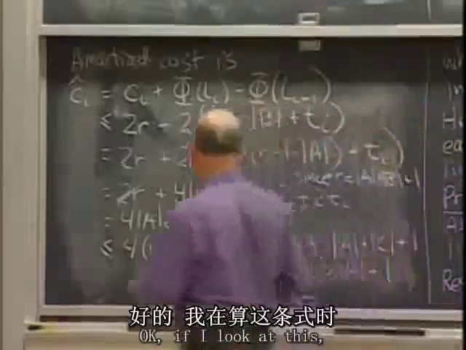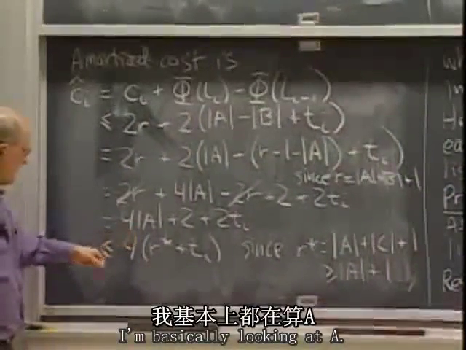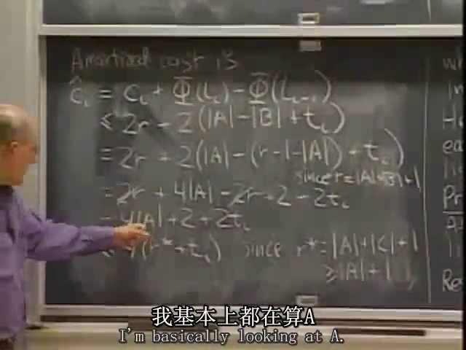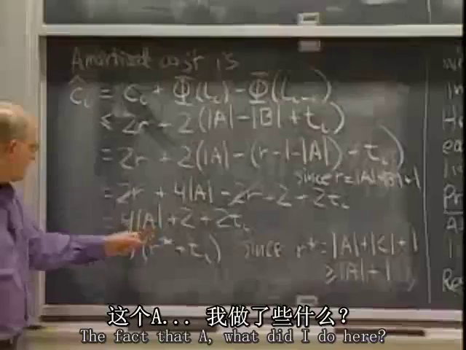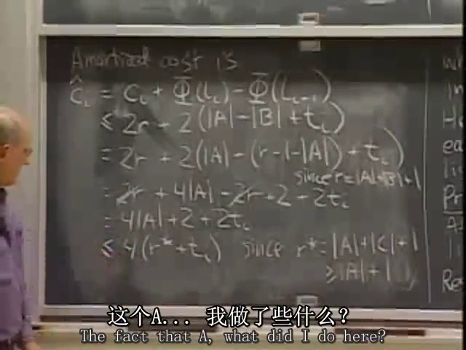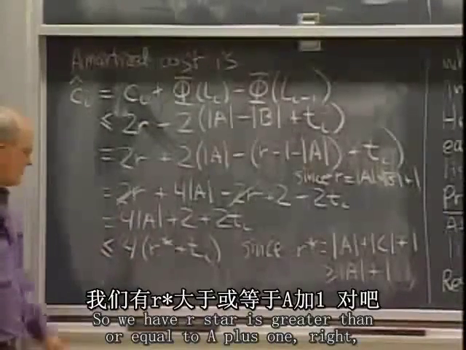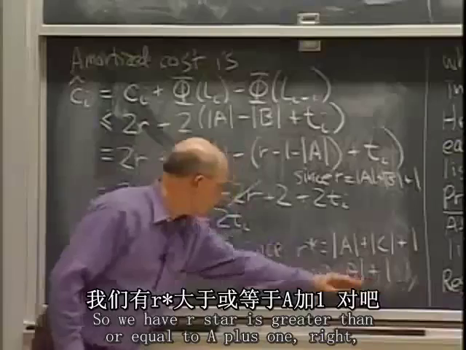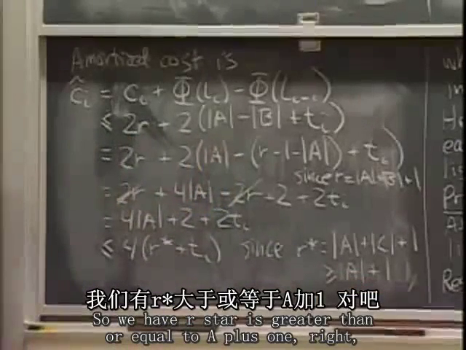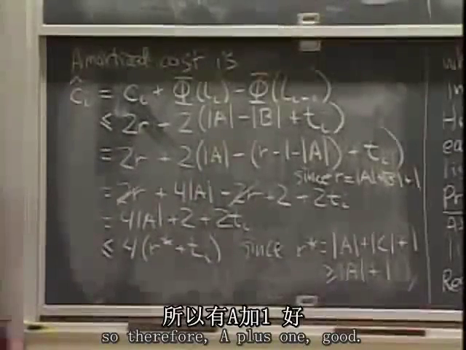So if I look at this, I'm basically looking at the fact that, what did I do here? We have r star is greater than or equal to A plus 1, right? So therefore, A plus 1, good.